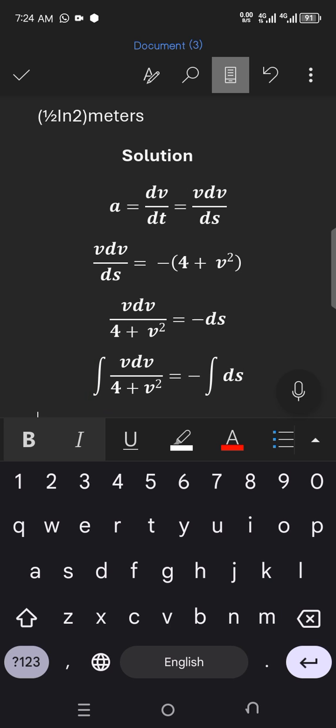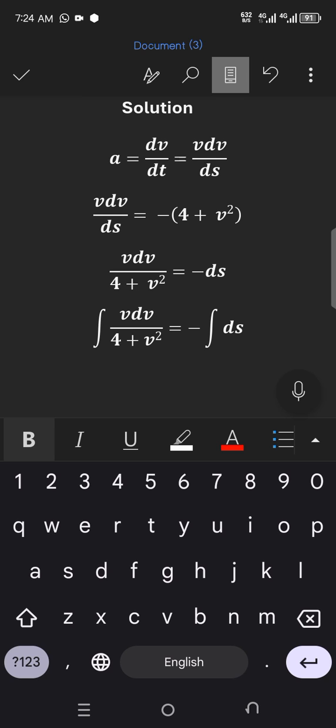Now from here you realize that the right hand side is very easy to integrate. We are just going to have negative s.